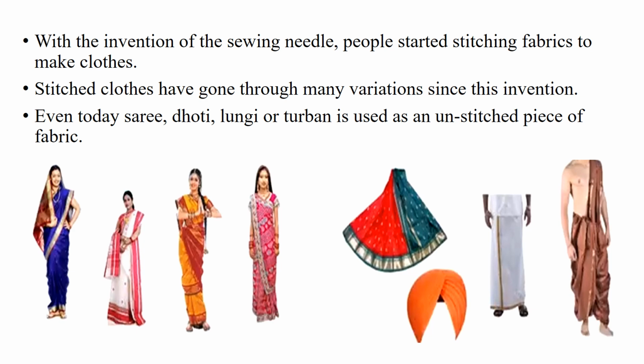Stitched clothes have gone through many variations since this invention. But is it not amazing that even today sari, dhoti, lungi or turban is used as an unstitched piece of fabric? So we can say that we have a large variety in fabrics and clothing items.